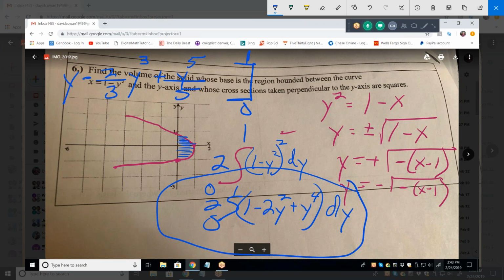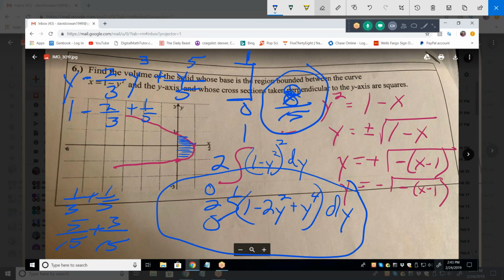So when I plug in 1, I get 1 minus 2/3 plus 1/5. So that is the volume. What is that? 1/3 plus 1/5. That's 5/15 plus 3/15. 8/15 is our volume.